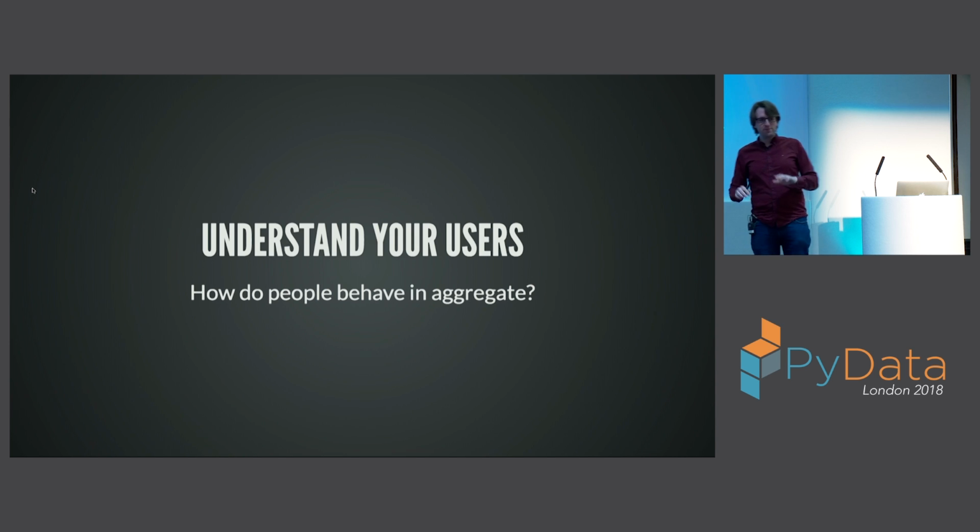Anyone in the middle, probably not going to bother to respond to a survey. So if you're just judging what your current user experience is by the people who are getting back to you, you're not going to get a clear picture of what things are like for the typical user.